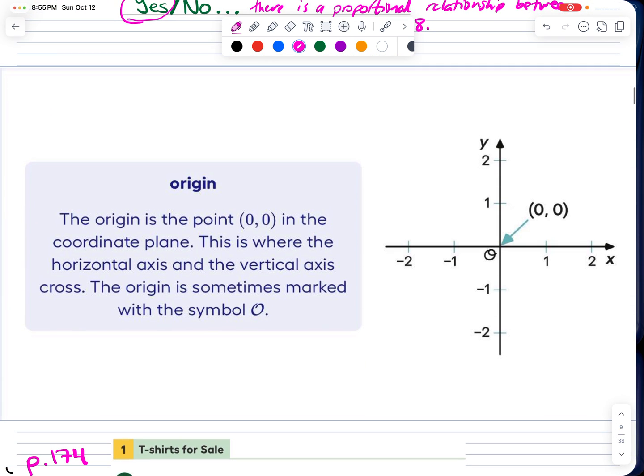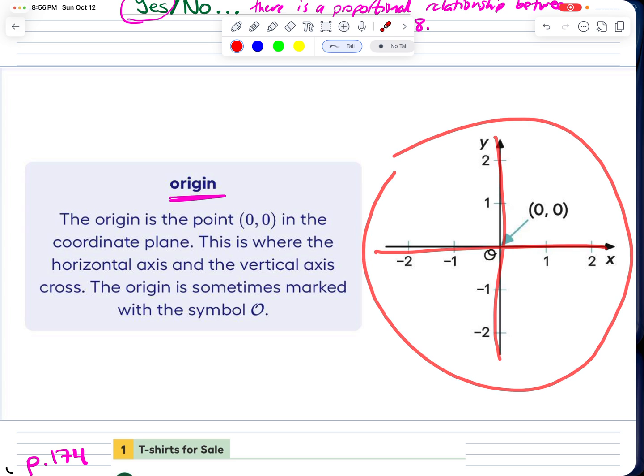All right. Before we get into this particular session, let's talk about one of our vocab words, the origin. You've probably seen or heard this word in 6th grade. This represents the middle of a graph. It's the point 0, 0. The origin is the point 0, 0 in the coordinate plane. This is a coordinate plane, the graph itself.